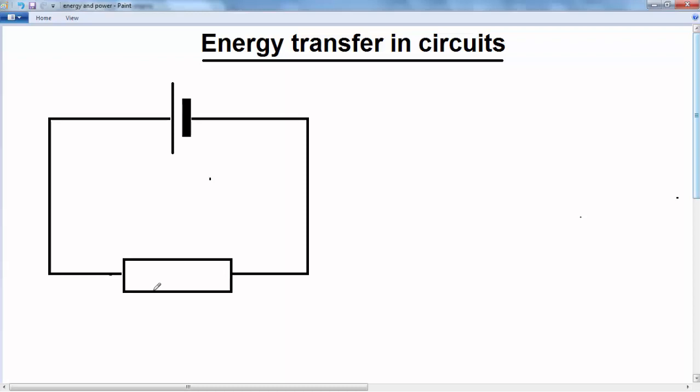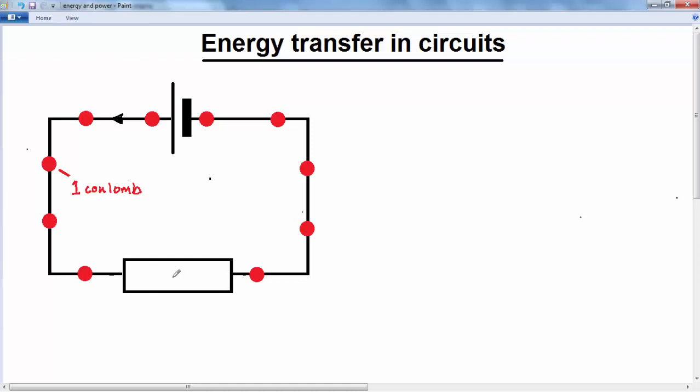Okay, now we remember that when we close the circuit, an EMF from the cell pushes a current around the circuit through the resistor. And so this is represented here by this diagram, which shows coulombs of charge being pushed around the circuit. And as each coulomb passes through the resistor, it transfers energy to that resistor.